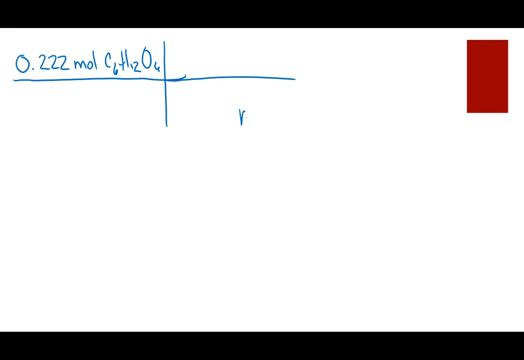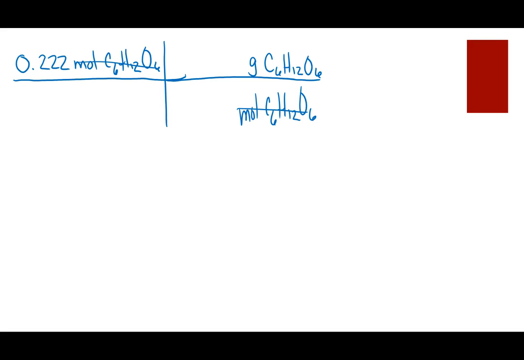So moles of glucose are going to go on the bottom. What's my destination? Grams of glucose on the top. So moles cancel and we'll be left with grams of glucose.